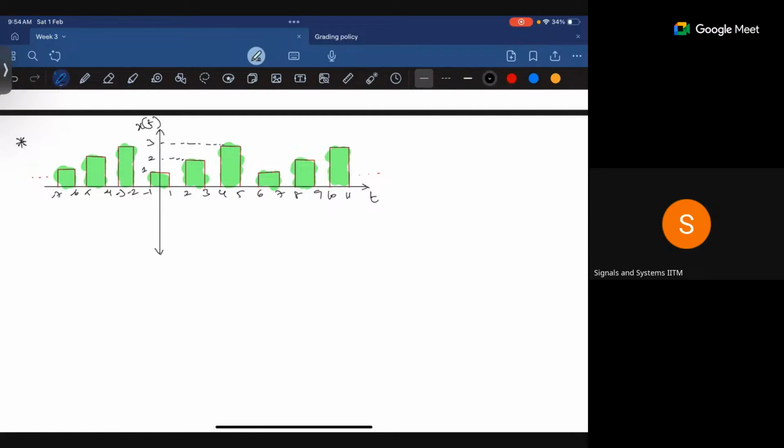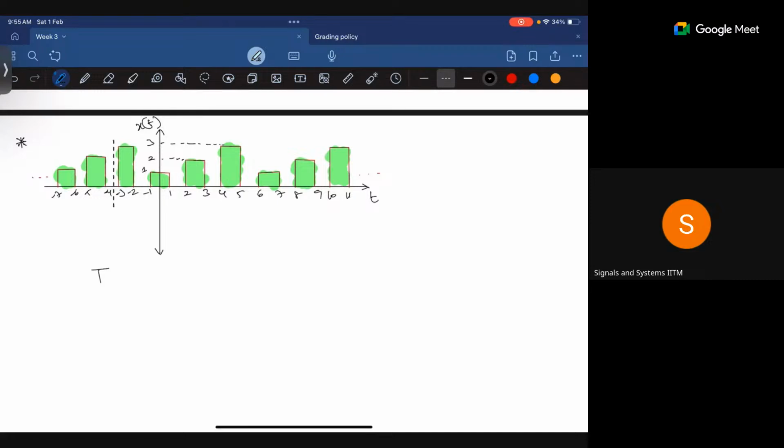You can use the formula, no issues with that. But once you take t, if you fix this t interval, it will not be consistent that much.